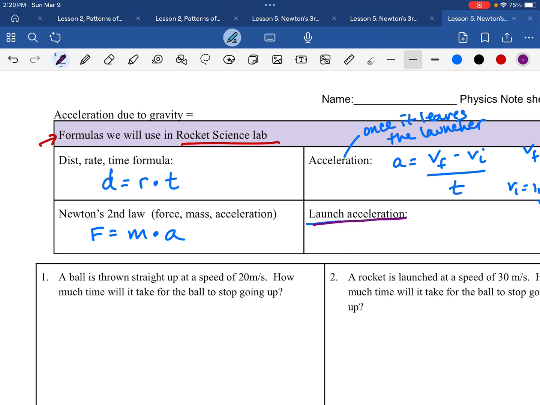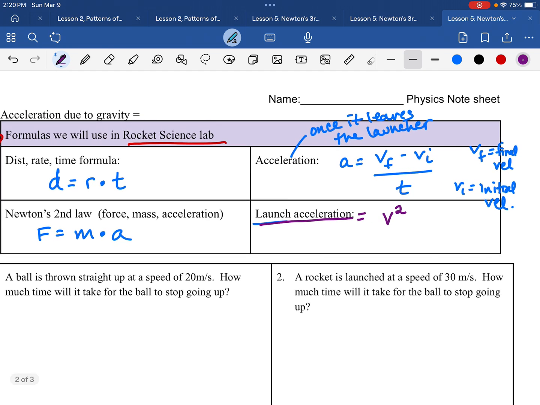So the launch acceleration, we're not going to go over how to derive this equation. We're just going to take it here. It's the velocity squared, and that's going to be the initial velocity once it leaves the launcher.